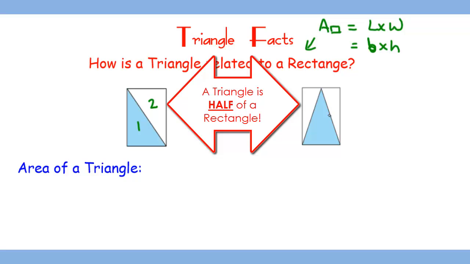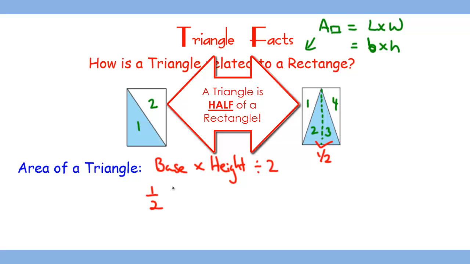Even with the triangle drawing on the right here, if you divide this into half, you have 1, 2, 3, 4 portions, and 2 portions right here makes half again. So regardless of what triangle you have, it's always half of a rectangle. And that led us to the fact that the area of a triangle is basically base times height divided by 2, or half of the base times height.